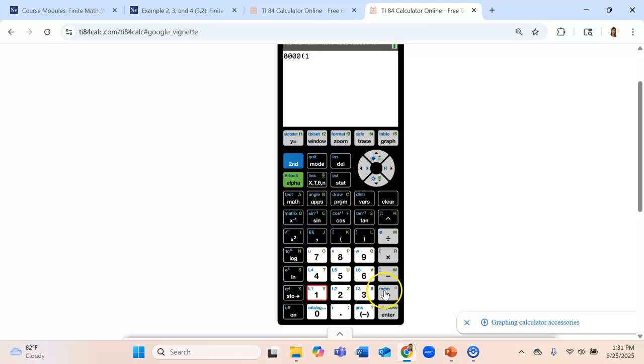So 8,000 times, parentheses, 1 plus 0.054 divided by the 52 weeks, and raised, make sure you put your parentheses, 52 times 5. Close your parentheses and hit enter.